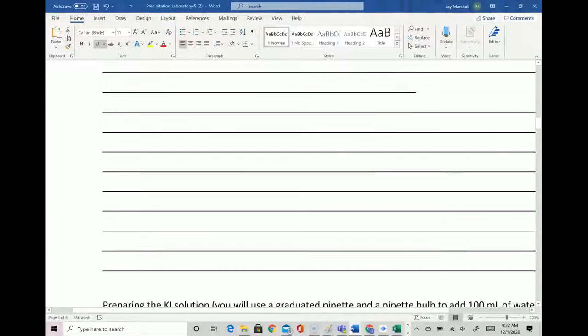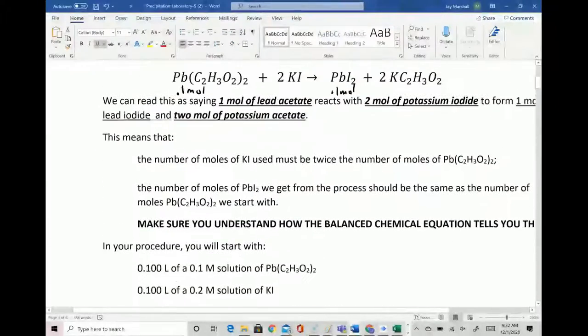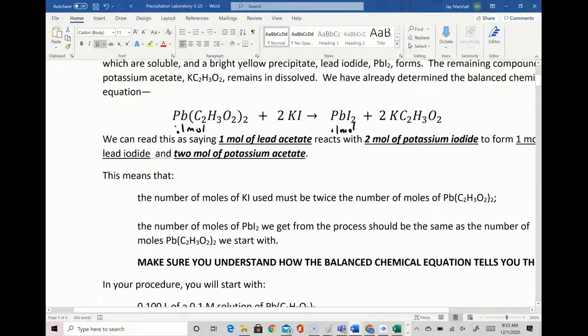So if I started with 0.01 moles, I should get 0.01 moles of this. So this is how my balanced chemical equation helped me determine the number of moles expected.